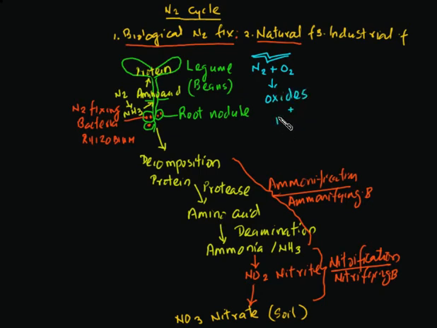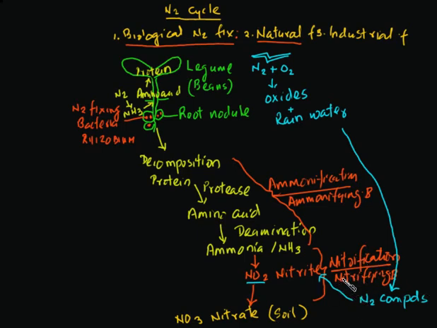These oxides dissolve in the rainwater and come down as rain to the soil in the form of nitrogen compounds. Those nitrogen compounds are turned into nitrite, NO2, and then into NO3. So this is again nitrification.